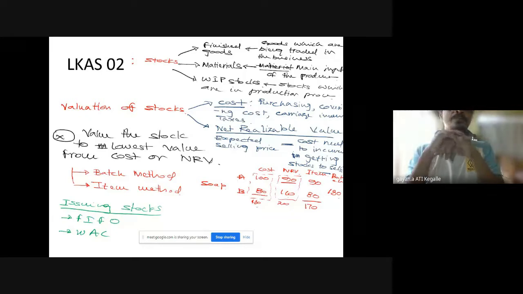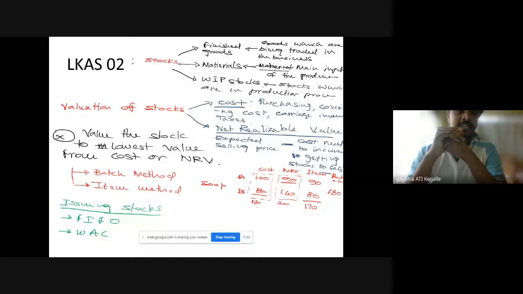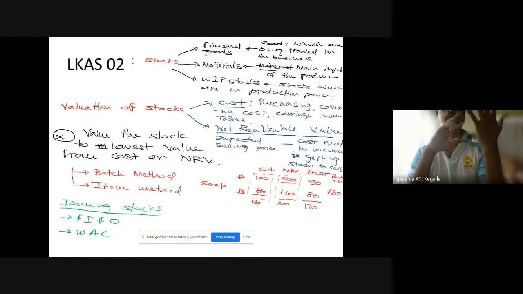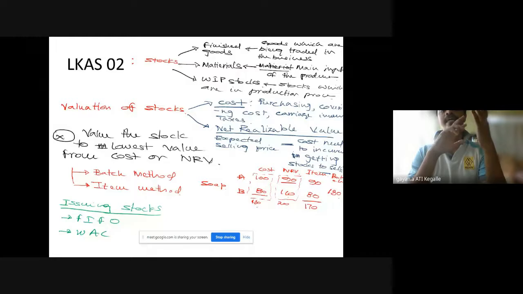This is the summary of LKAS 2. එතකොට LKAS 2 එකේ summary එකක් තමයි මම මේ slide එකේ හදලා තියෙන්නේ. ලස්සන නැතුව ඇති. නමුත් ඕන විස්තර ටික ඔක්කොම තියෙනවා. If we summarize, according to the LKAS 2, there are 3 main types of stocks: finished goods, materials, and work in progress stocks. Valuation of stocks can basically be done on 2 bases: cost or net realizable value.